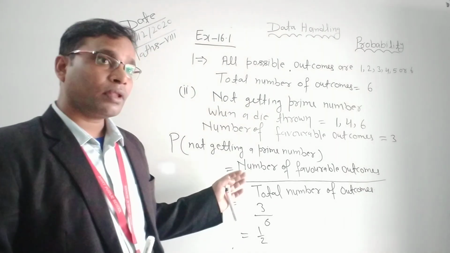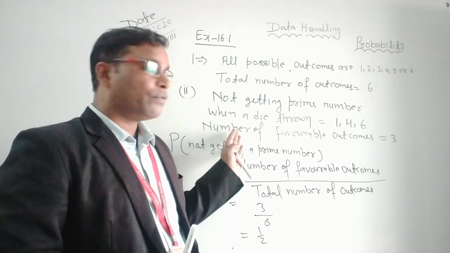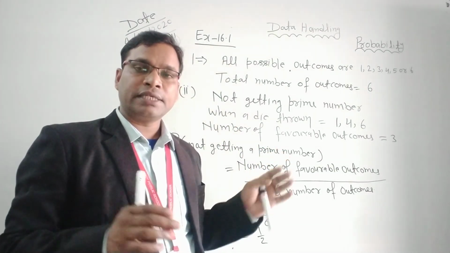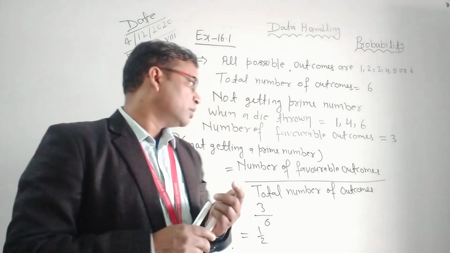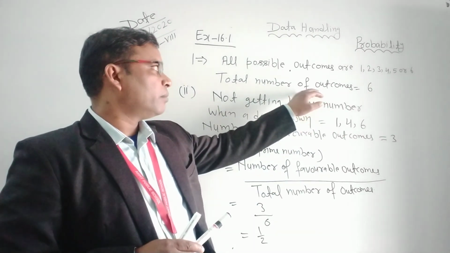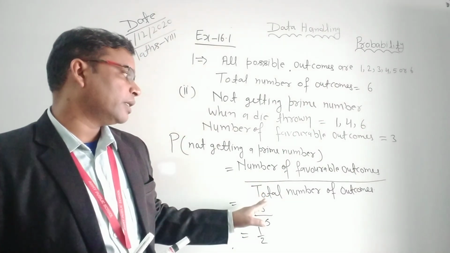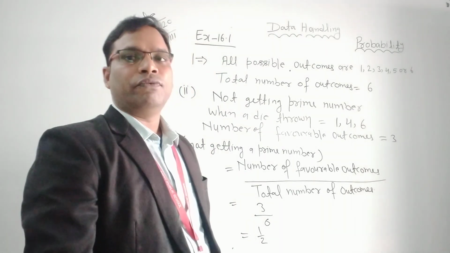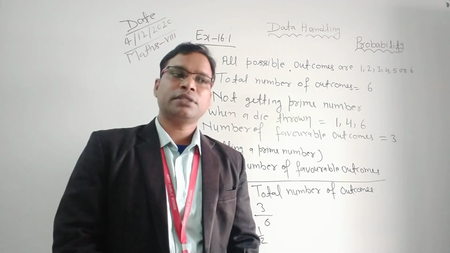Now we find not a prime number, so you can see 1, 4 and 6 are not prime numbers. So this is 3 numbers. So our favorable outcomes are 3 and the total number of outcomes is 6. So our probability is equal to the number of favorable outcomes by the number of total outcomes. This is clear. Now we are going to discuss the third part of this question.